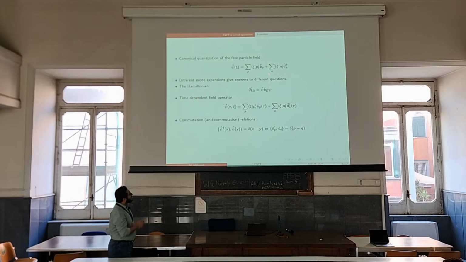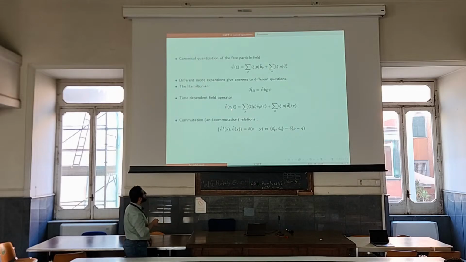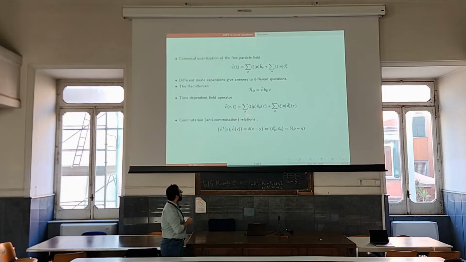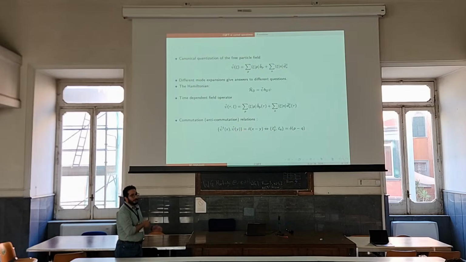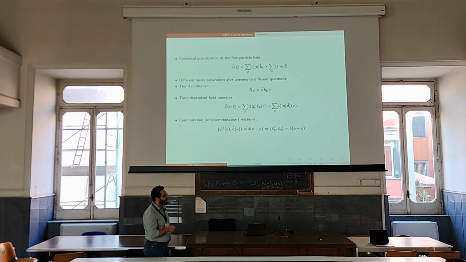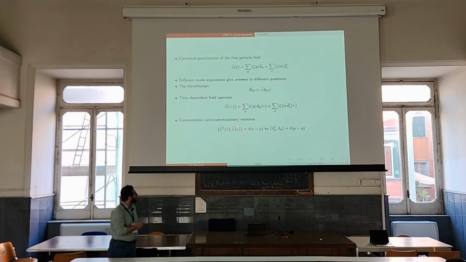And finally, we write our quantum field Hamiltonian, which we will use to calculate the time evolution of our field operator. And in order to obtain this time evolution, we need for sure to use the anti-commutation relations of the field operator, the fermionic field operator here.